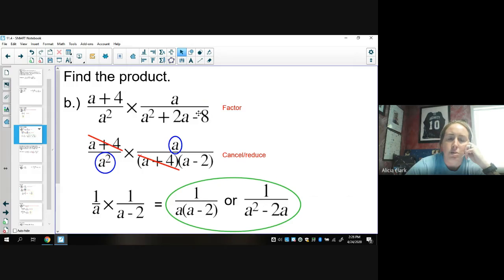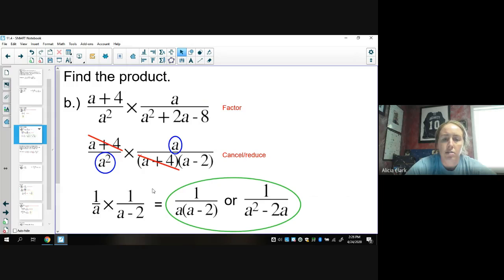So we're going to see what multiplies to give me negative 8 and adds up to a positive 2. So if I factor that, I end up with a plus 4 times a minus 2. And if I cancel those out, a plus 4, so those will cancel. And also I can reduce the a over a squared. So I've got 1 over a times 1 over a minus 2. That is what I have left.